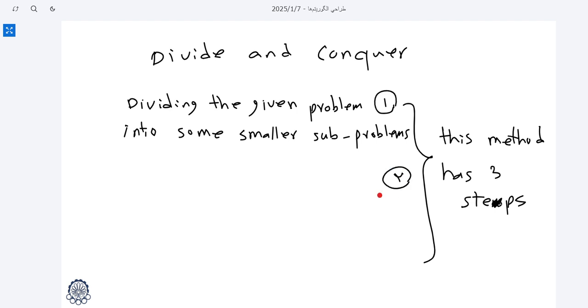In the second step, we solve each of these smaller subproblems separately and recursively.